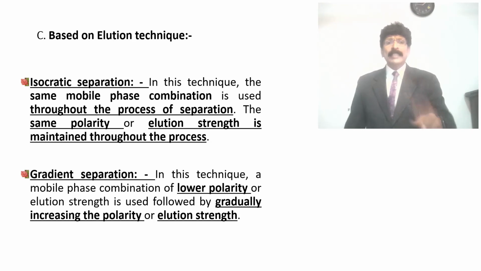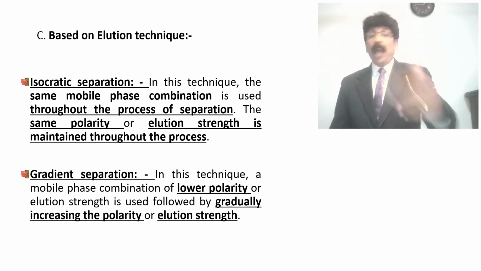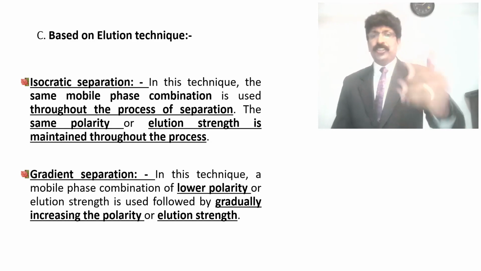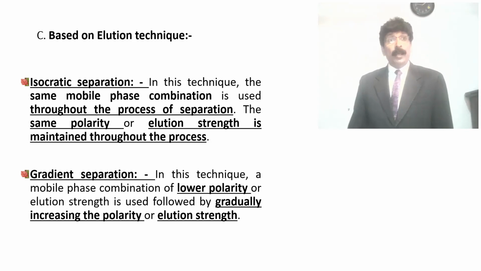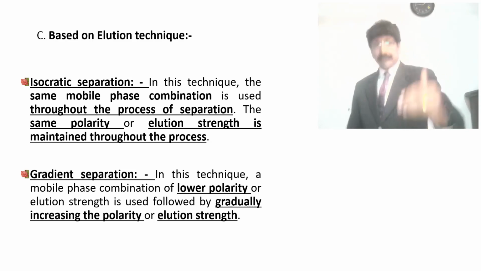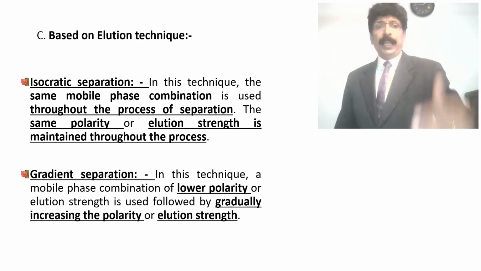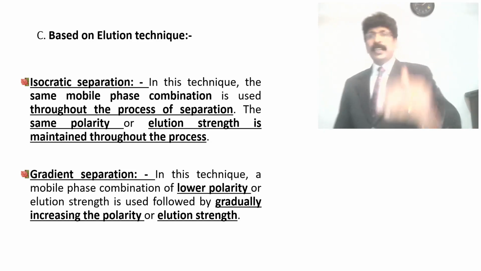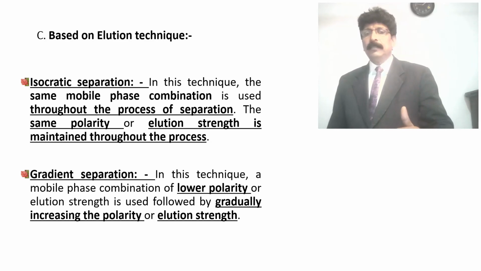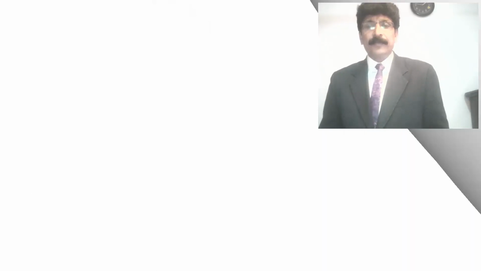In this technique, a mobile phase combination mixture of lower polarity or elution strength is used, followed by gradually increasing the polarity or elution strength by increasing the percentage of the other solvent. So that is called gradient type of elution.